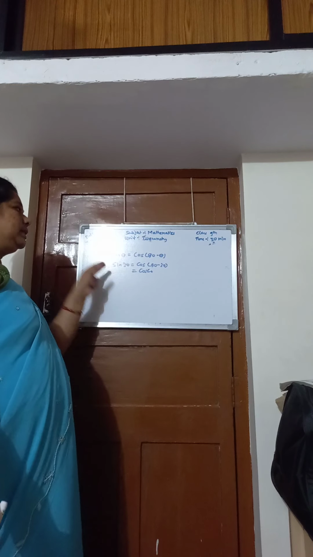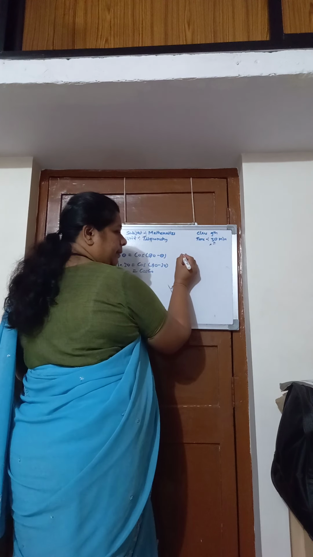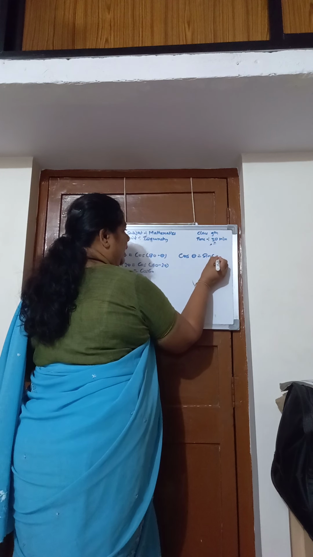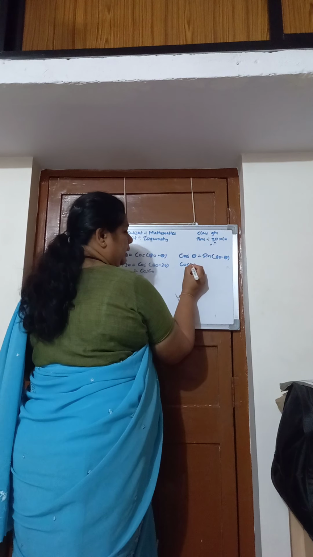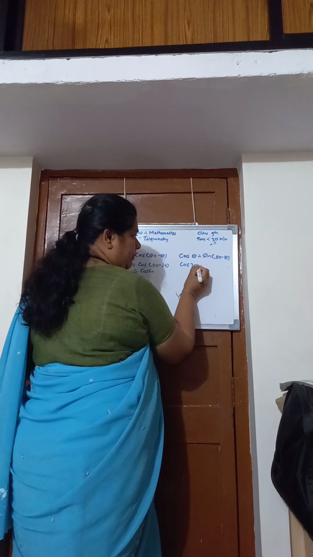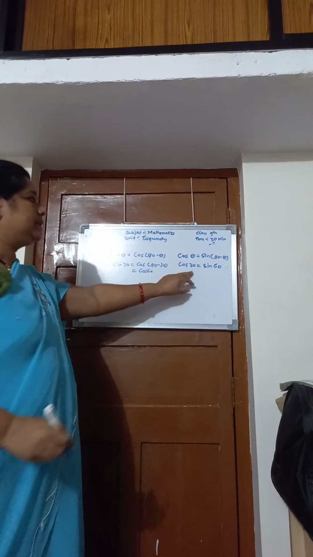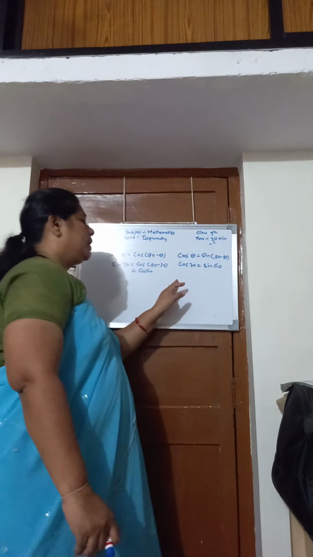Observe this. Then cos theta equals sin 90 minus theta. Cos 30 equals sin 60, since 90 minus 30 is 60. This is an important formula for you.